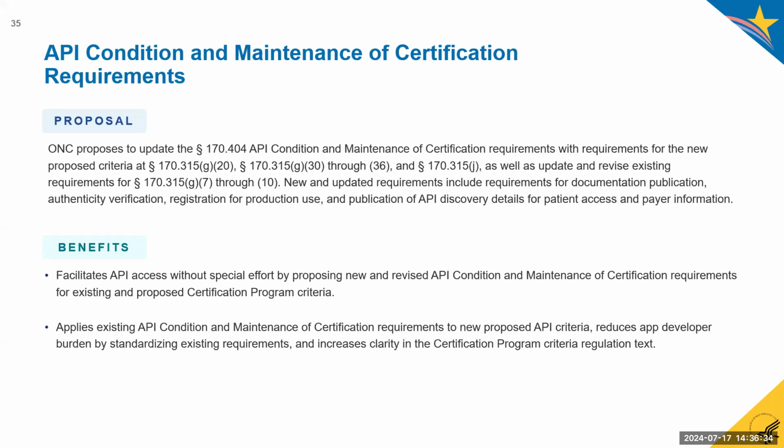And so that's really where the bulk of that activity is at. And we really do think that this will continue the effort mandated by Cures to facilitate more access without special effort using APIs.